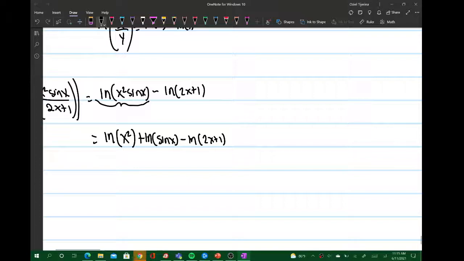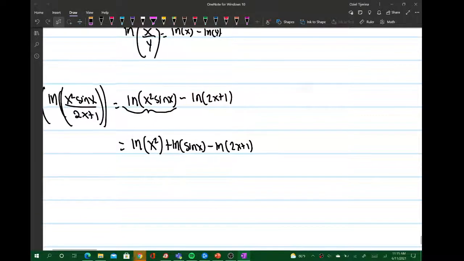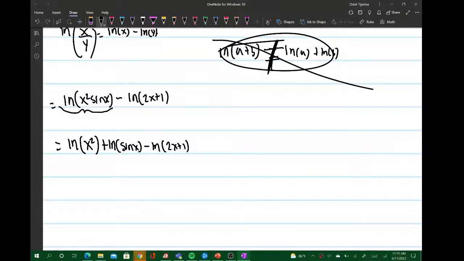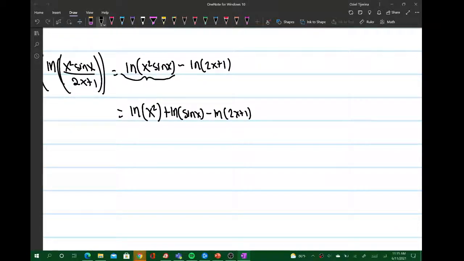Now you're not going to do anything with the natural log of 2x plus 1 because that cannot be simplified further. A common mistake people make is believing that this is equal to ln of a plus ln of b, and this is not true. You don't want to do that, so we're just going to leave it like that.